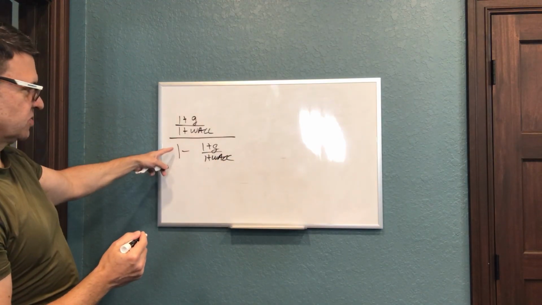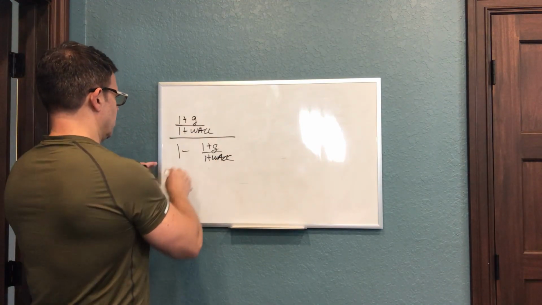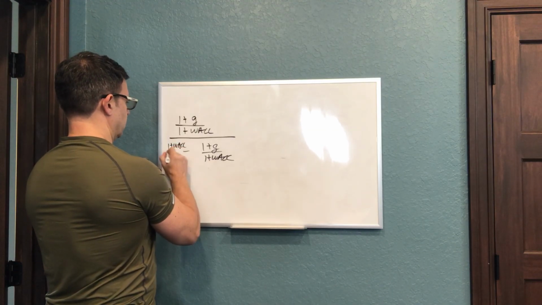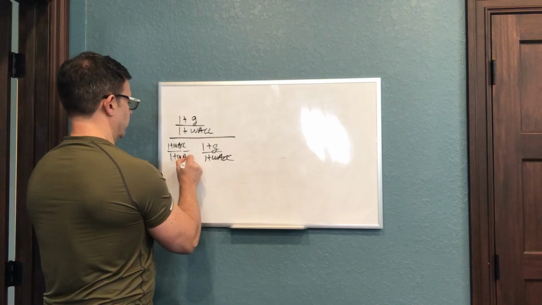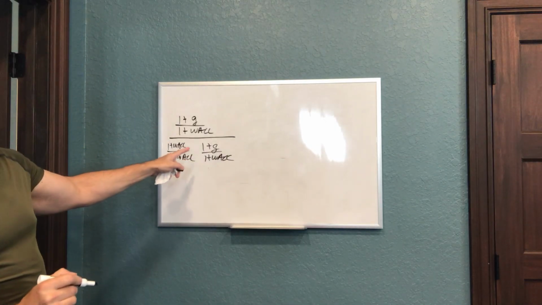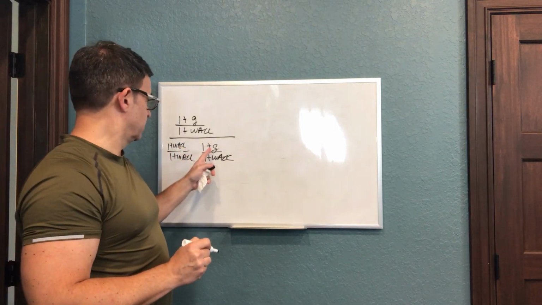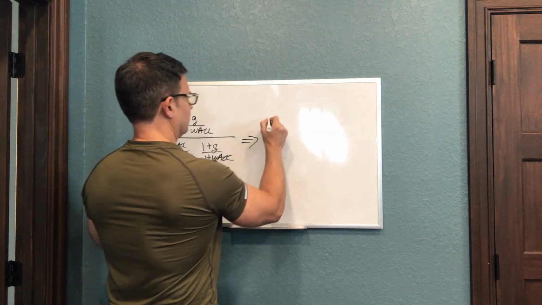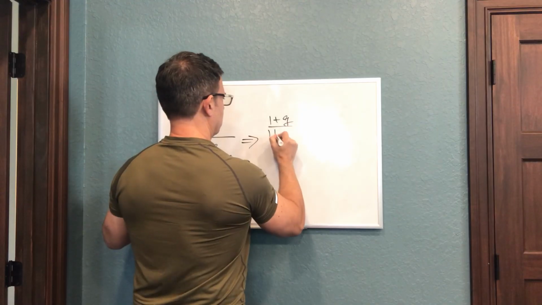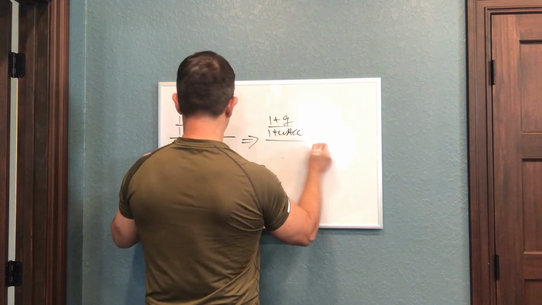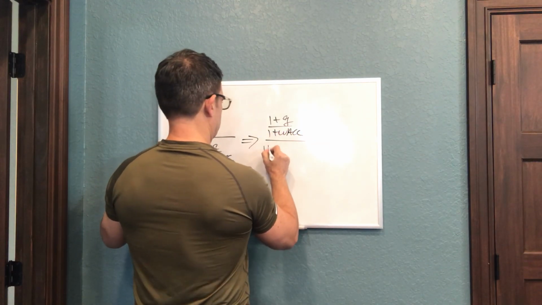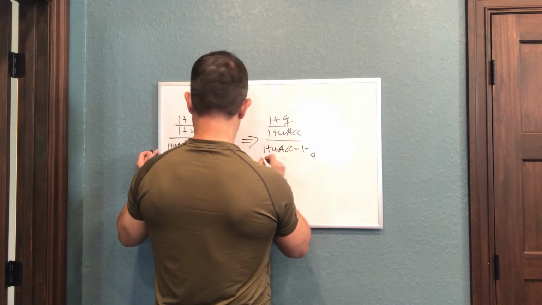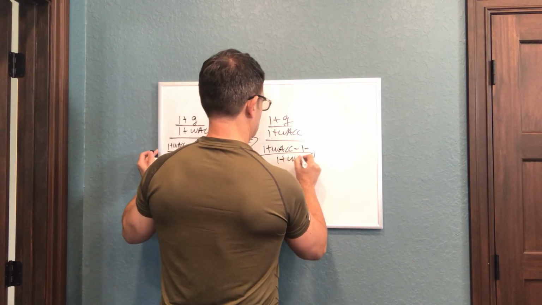And now this thing just gets simplified by turning that 1 into 1 plus WACC over 1 plus WACC. And then 1 plus WACC minus 1 plus G, but now you're making it a minus. This all gets simplified to 1 plus G over 1 plus WACC over 1 plus WACC minus 1 minus G over 1 plus WACC.